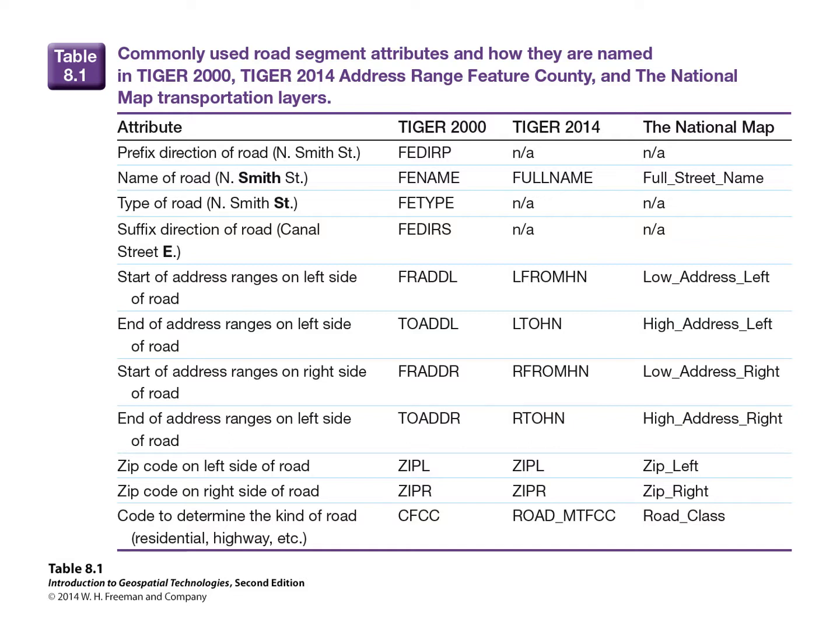And so you've got these attributes like prefix direction of road, North, name of road, Smith, type of road, Street, the suffix direction of road, for example Canal Street East, the start of the road address range on the left side of the road, the end of the address range on the left side, start on the right, end on the right, zip code on the left, zip code on the right, because sometimes roads make boundaries and zip codes could change from one side to the other. And then there's other codes that tell you about the type of the road as well.